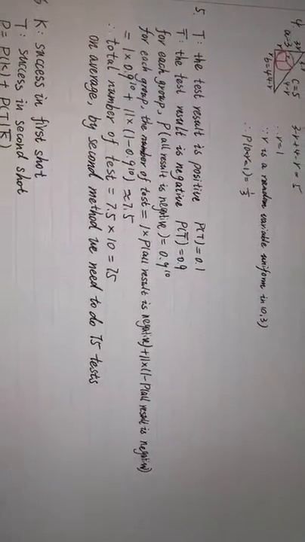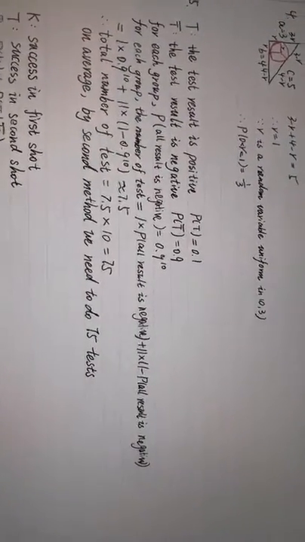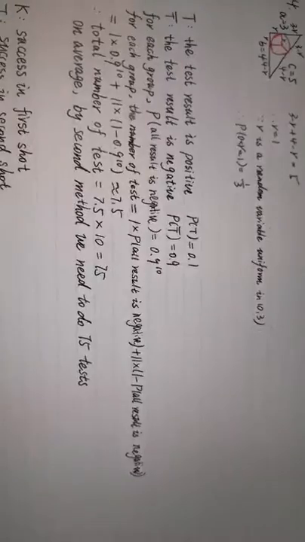So the total is 1 times 0.9 to the 10th power plus 11 times 1 minus 0.9 to the 10th power. So the result is approximately 7.5.